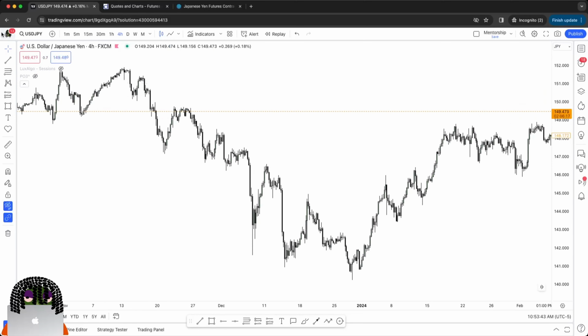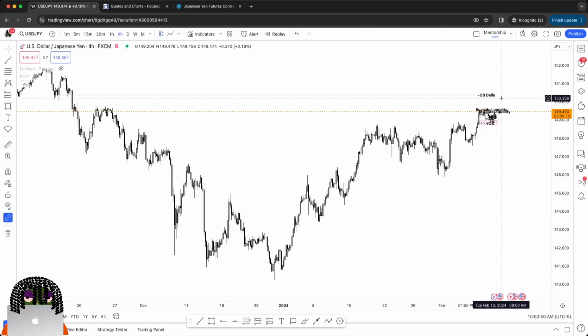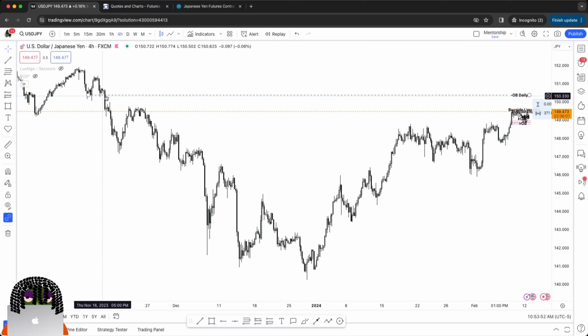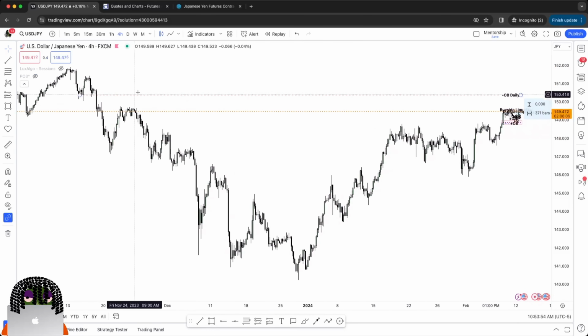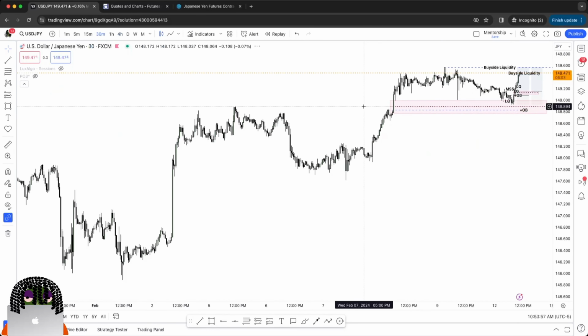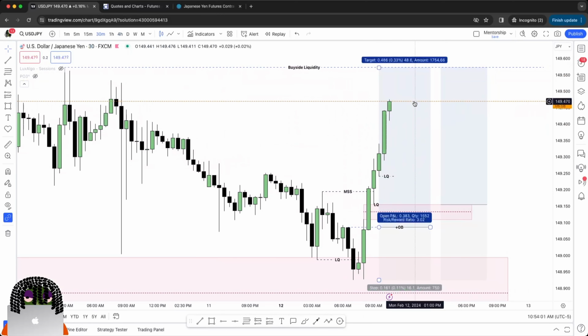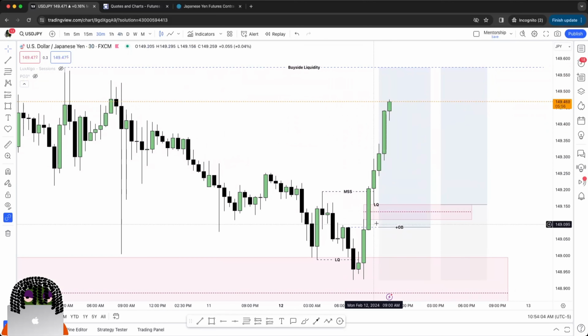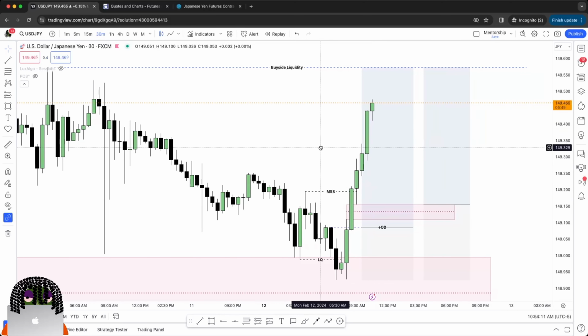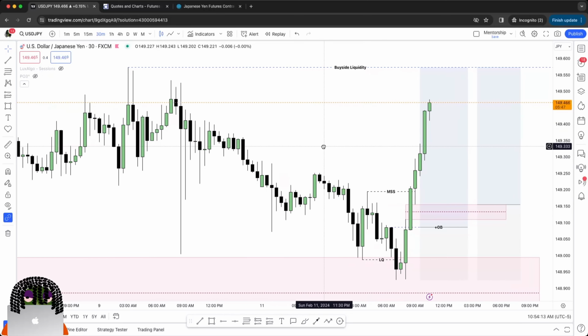And then obviously we got the order block. This was a daily order block. Well, we'll see. But I'm still waiting, still watching, and if it plays out, it plays out. If it doesn't, then just no trade. But it is what it is.